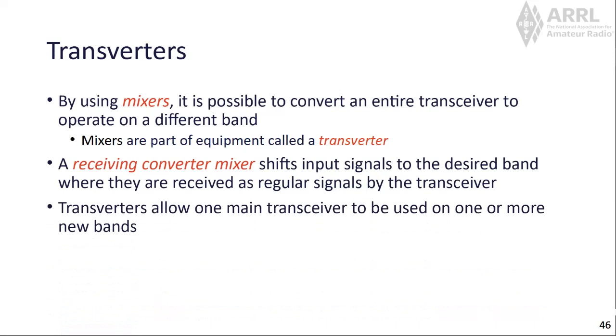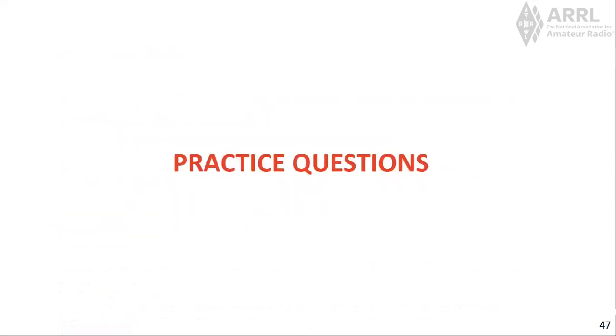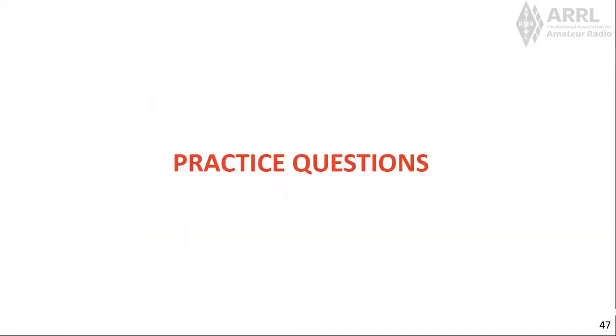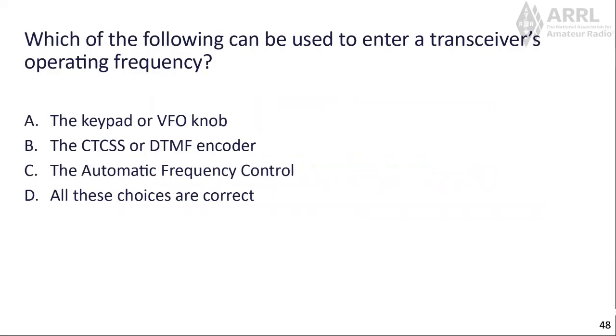Okay, a transverter allows one main transceiver to be used on one or more new bands. Basically, it takes the band that you want to hear and moves it to a frequency that your receiver will receive on.